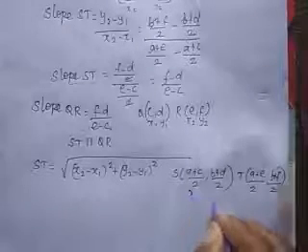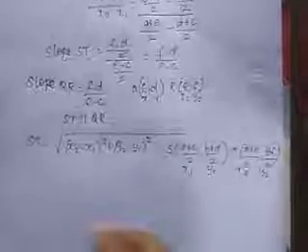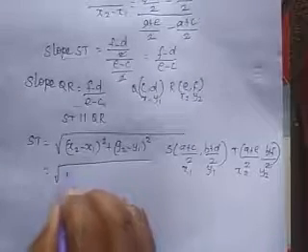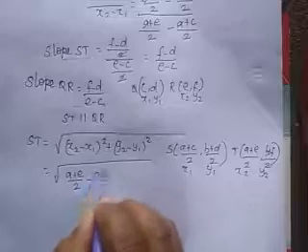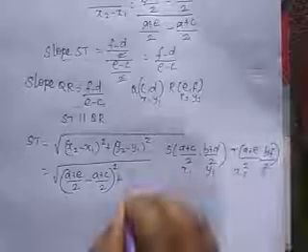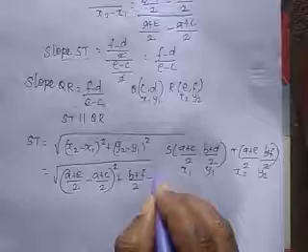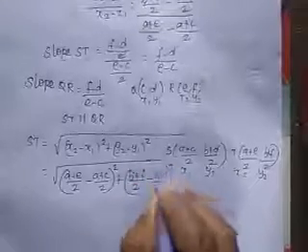Here this is x1, y1, x2, y2. Substitute the values in the formula. That is square root of x2 is A plus E by 2 minus A plus C by 2 the whole squared plus y2 is B plus F by 2 minus B plus D by 2 the whole squared.